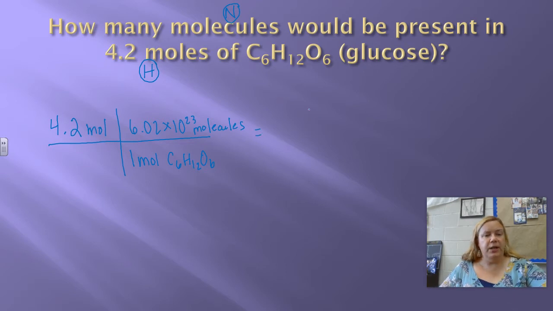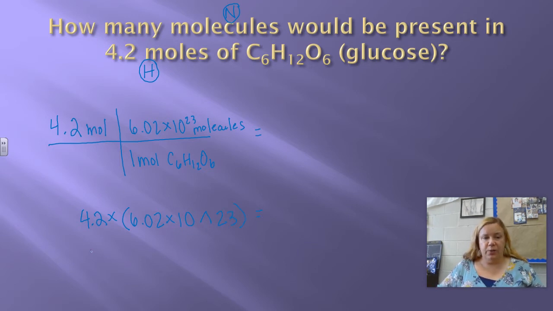When I punch this into my calculator, it's real important that you use the parentheses. So it's best on a scientific calculator that has parentheses. I'm going to punch 4.2 times, and there's two ways to do this. You can do 4.2 times parentheses 6.02 times 10 caret 23 end parentheses.